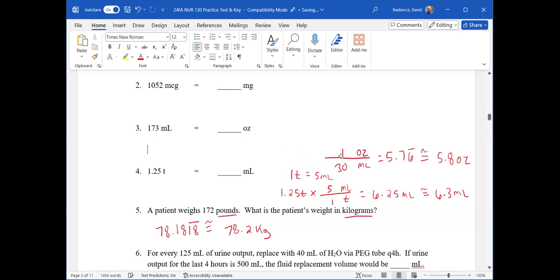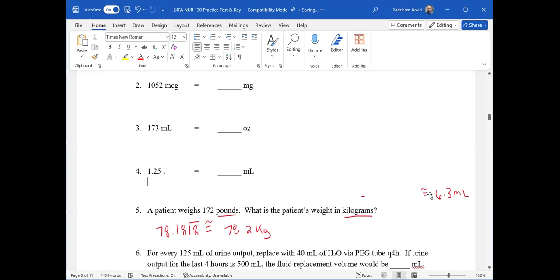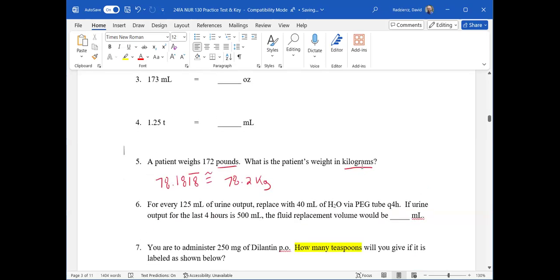Now, when you go between the different systems, so if I go from metric to US standard or US standard to metric, then you might sometimes need to round to the nearest tenth. So if you come across an answer that you're not 100% certain on, just let me know and I will help navigate that.